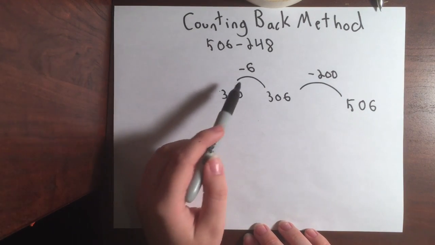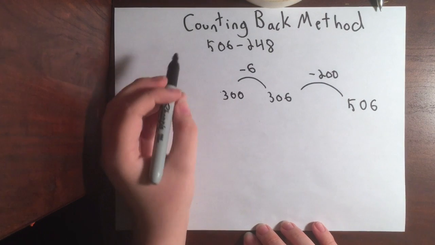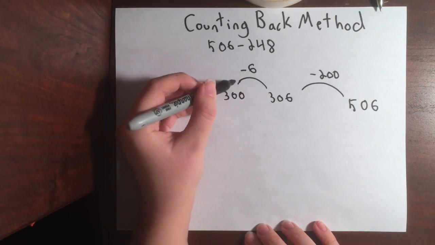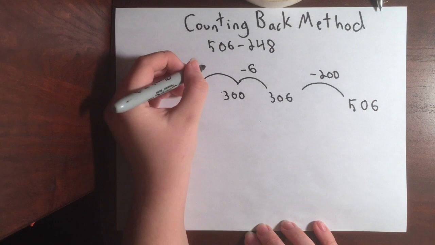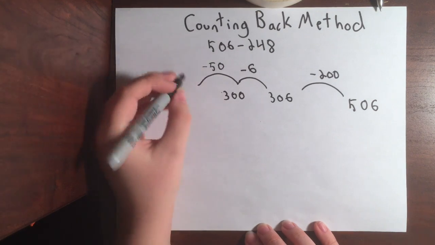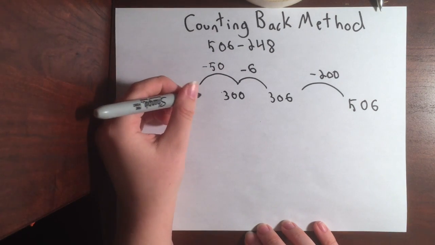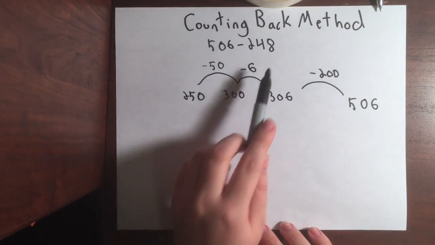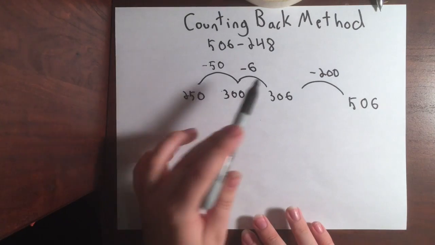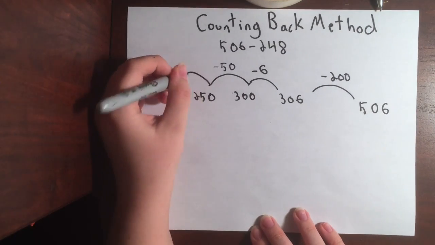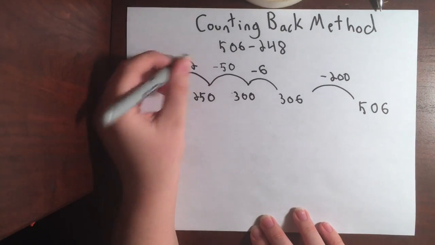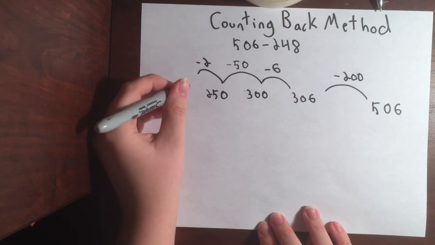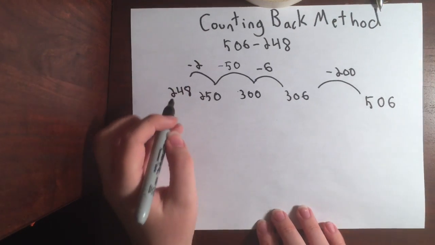Now we can take away 50 to get even closer to our subtrahend. So now we're at 250. Finally, we need to do one more small step and take 2 away from 250. And that will give us 248.